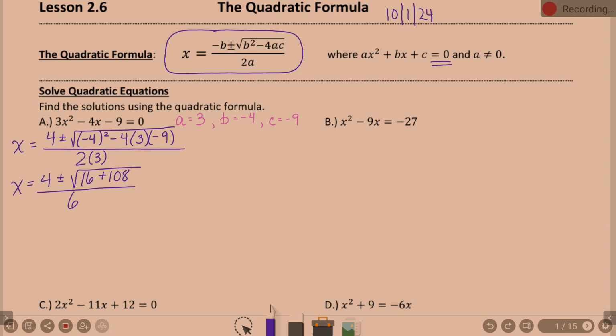Okay. If you went ahead and finished your adding, that's great. Take as many or as few steps as you want. So I'm going to finish cleaning this up. 4 plus or minus the square root of, what's 16 plus 108? 124, did you say? All over 6.